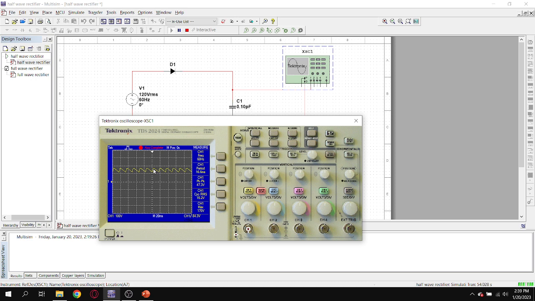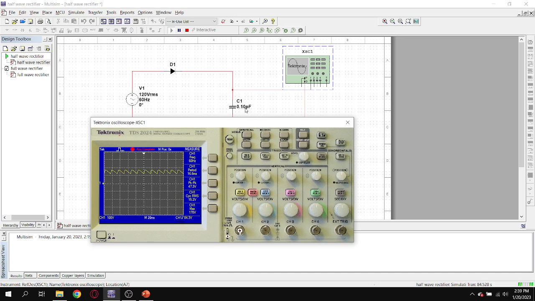It slowly loses the power that it stored. That's why it doesn't drop all the way down to zero, because it takes time to go down to zero, and then we can see it go up and peak again. So this is for 0.10 pF.